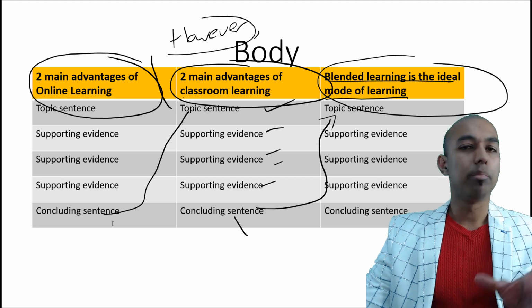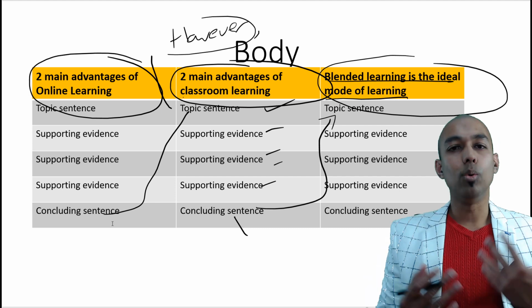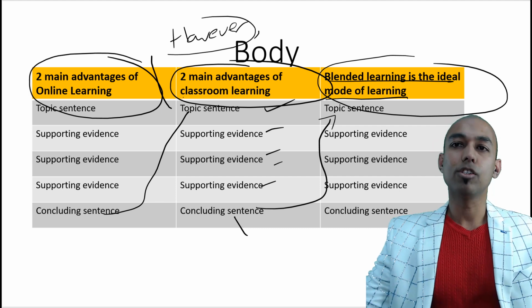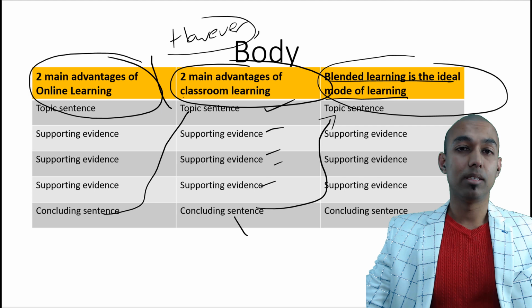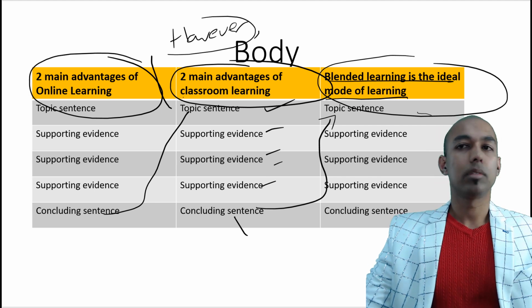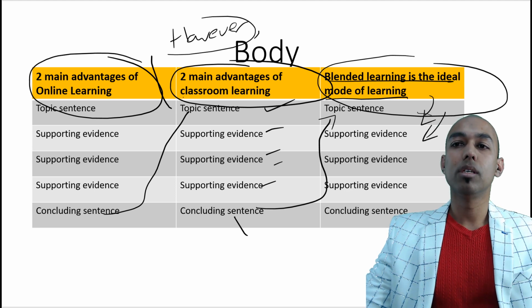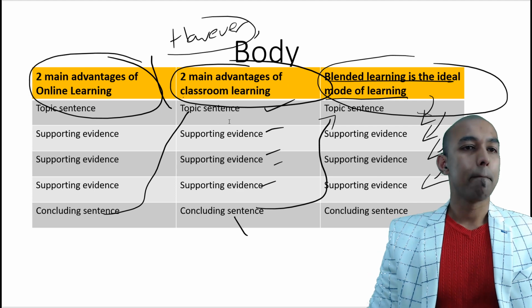Maybe there might be some components out there that you can do online, but you have to do it practically, right? So, for example, little kids, can they learn fully online? I'm not sure, right? Here, this is where you convince your audience, your readers, with supporting evidence, right? This is how you do it in the body.